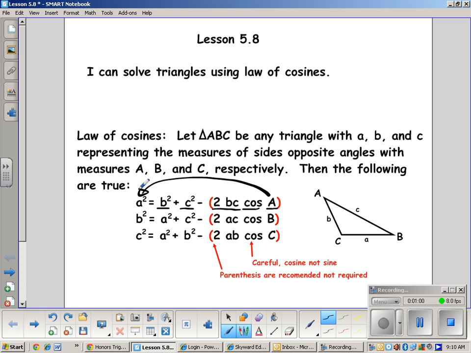So if I have this angle, then I can find that side. If I have angle C, then I can find that side. If I have angle B, then I can find that side. And so the key is whatever angle is over here, the side opposite that has to be what is out front.